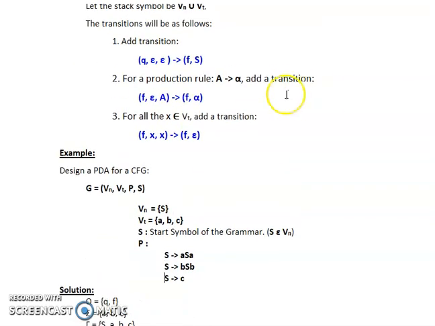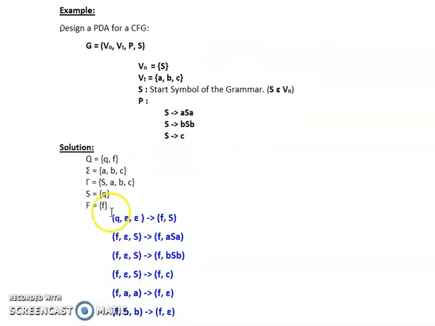So according to the rules for transition, the first rule says to add a transition where the start state with input epsilon and top of the stack also epsilon goes to the final state and the start symbol of your grammar. So you are going to add it as it is.